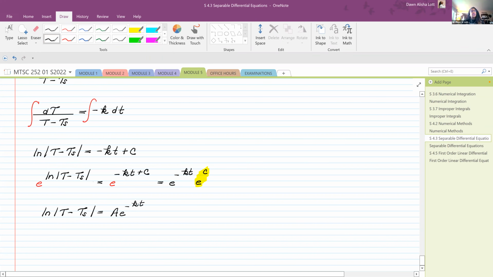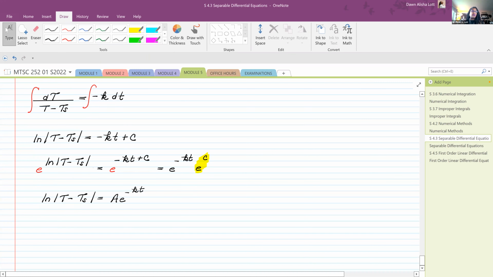Now it's interesting here, again, T minus Ts, this is the temperature of the surrounding medium. We're going to allow that to be the positive value and A reflects if it's negative. So we're going to get T minus Ts is A e to the negative kt.